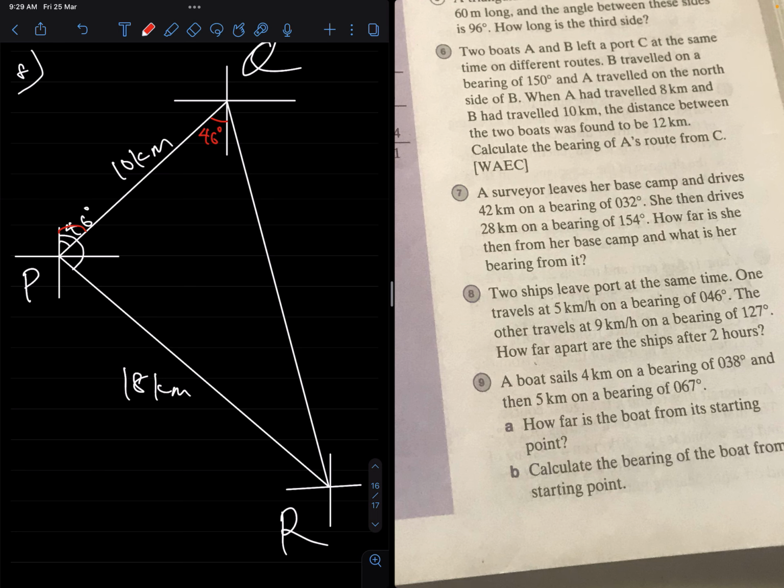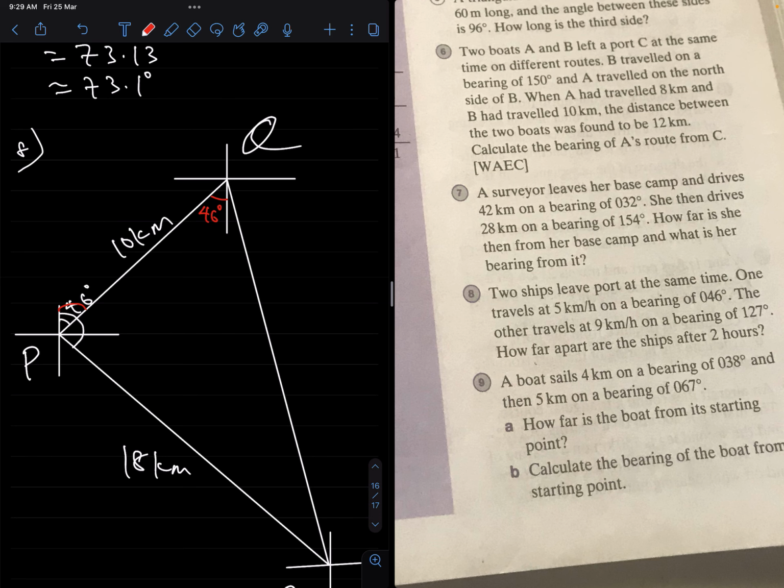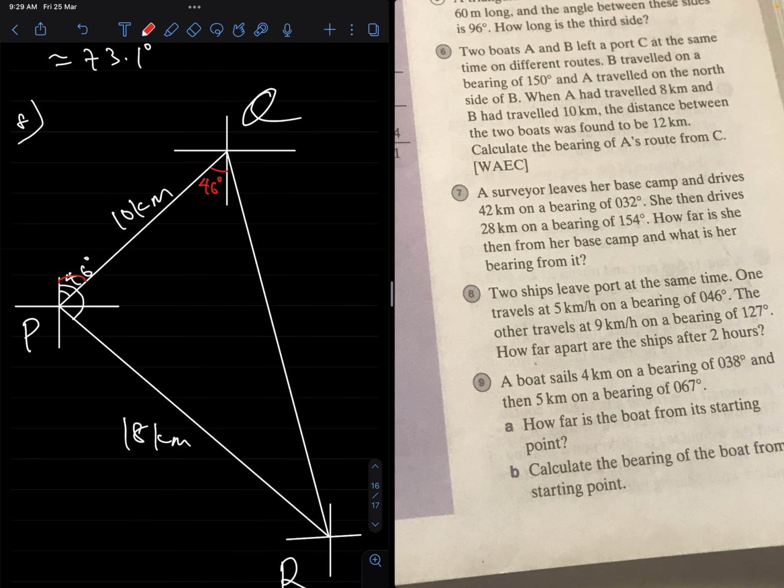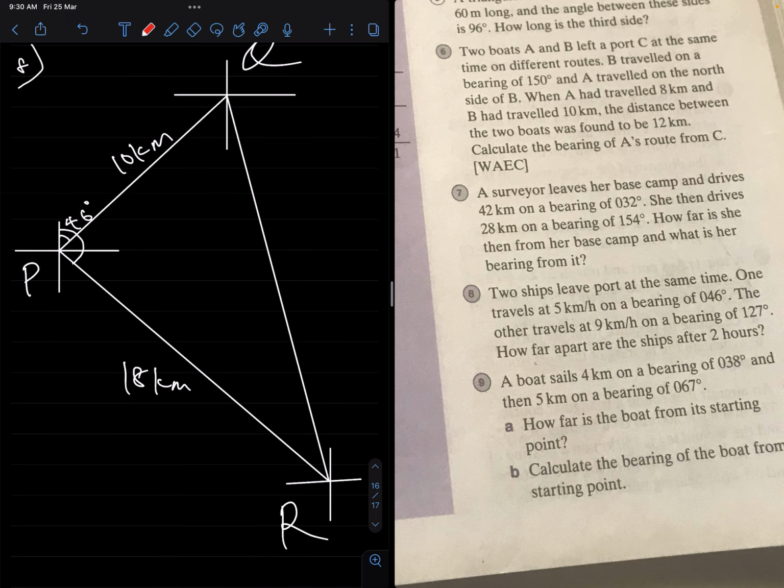Now, what else? Maybe I don't even need that angle. The bearing of the second ship left on the bearing of 127 degrees.